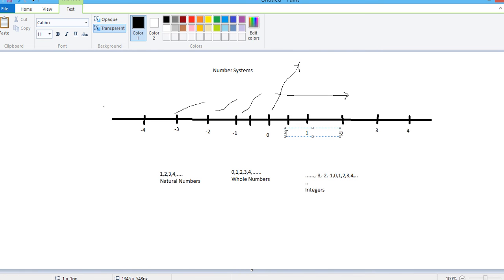So this will be half or this will be -half. So these numbers are in the form of a ratio. If the numbers are in the form of a ratio, then it's called a rational number.